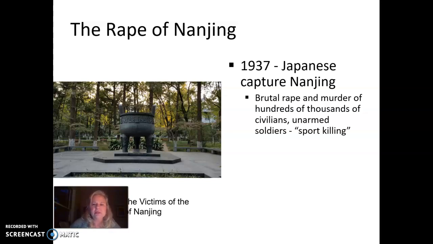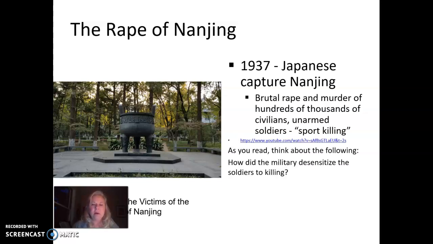The soldiers engaged in sport killing, raped hundreds or thousands of women, and murdered thousands of civilians. And there was no defense that China really had against the Japanese forces that were very militarized and very powerful.